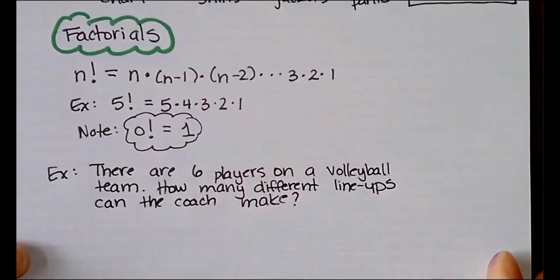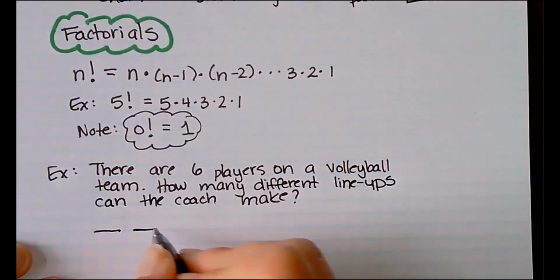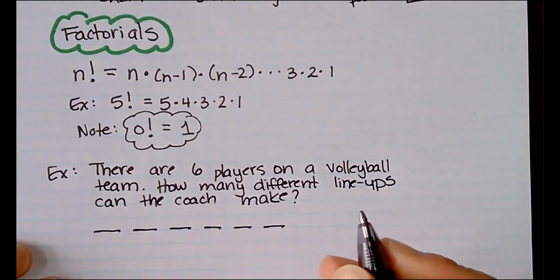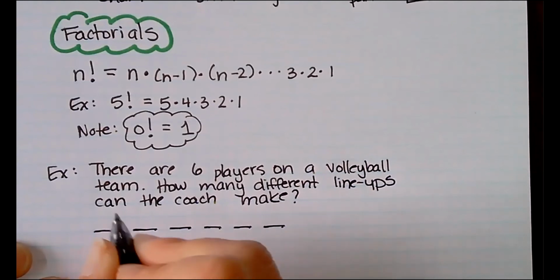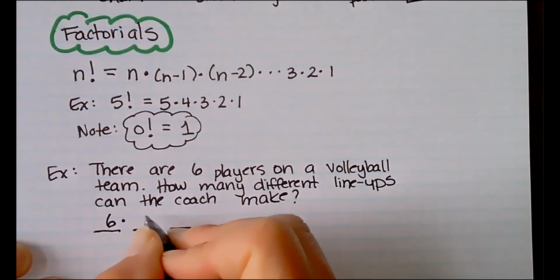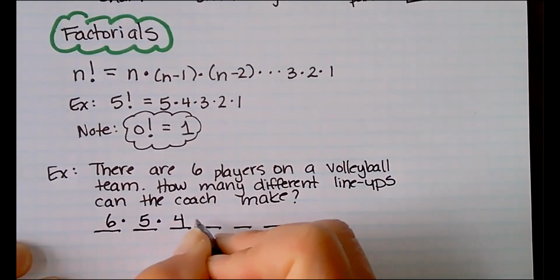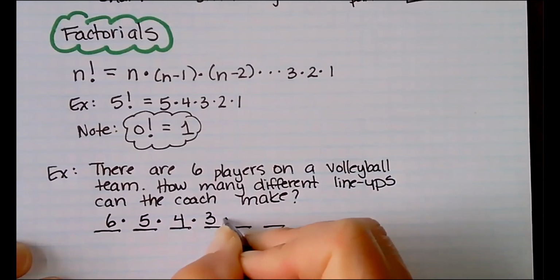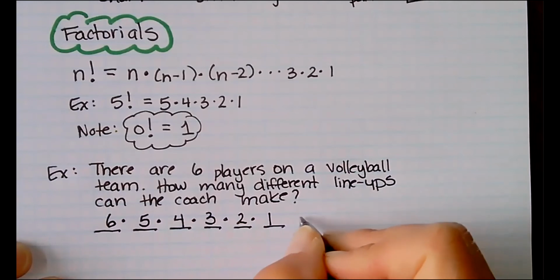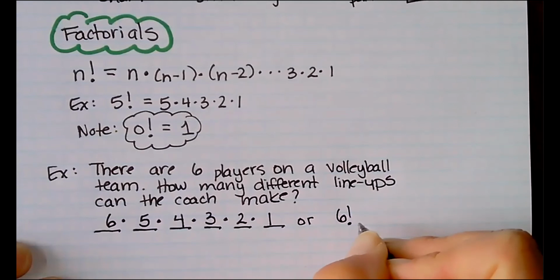So we can do this in a couple different ways. We can do our decision chart, first position, second, third, fourth, fifth, and sixth. So the first person has 6 choices for that first placement. Then once that person's used up, he only has 5, and then 4, and then 3, and then 2, and then 1, or 6 factorial.